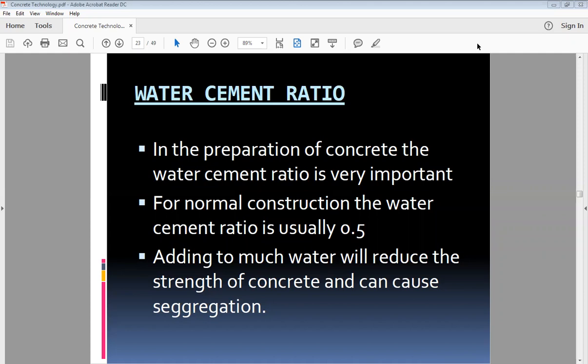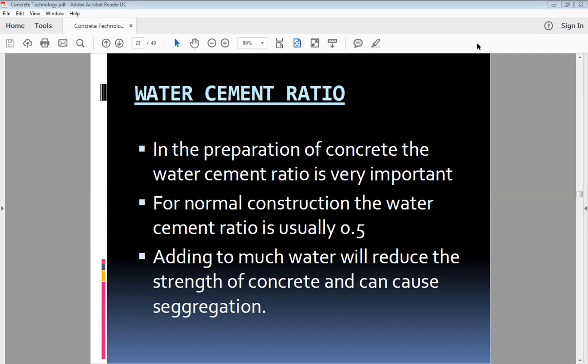If it is less than the required quantity of water, then again it will reduce the strength of the concrete. So it is mandatory to use the exact quantity after calculating the water cement ratio as per IS standards.